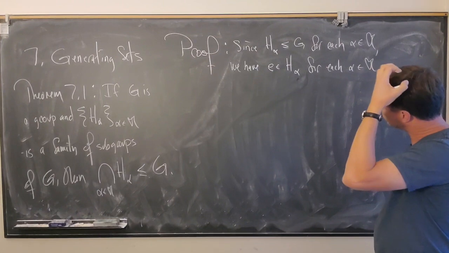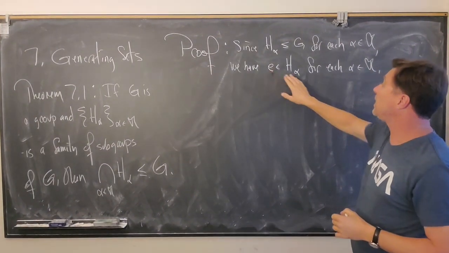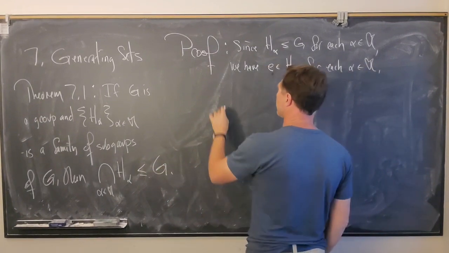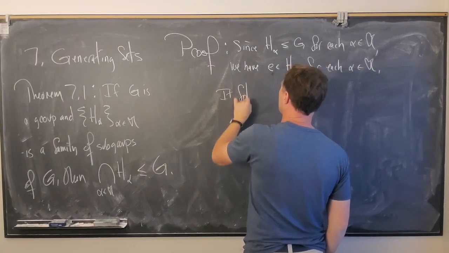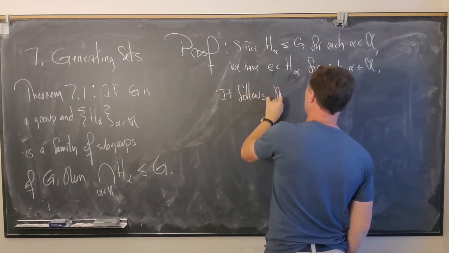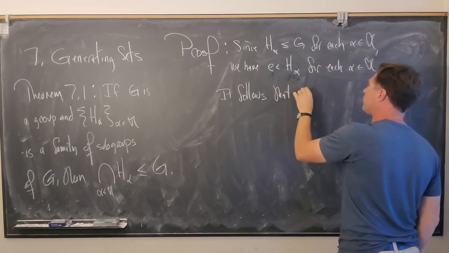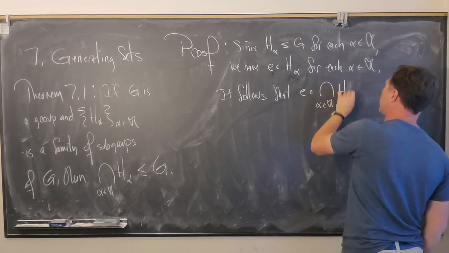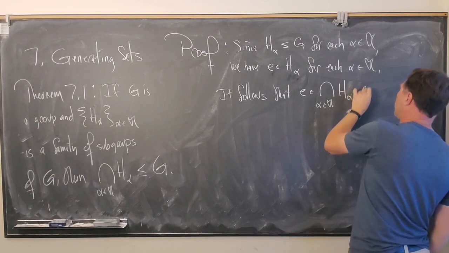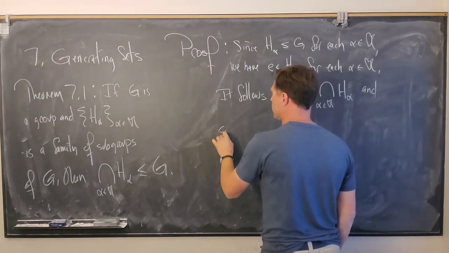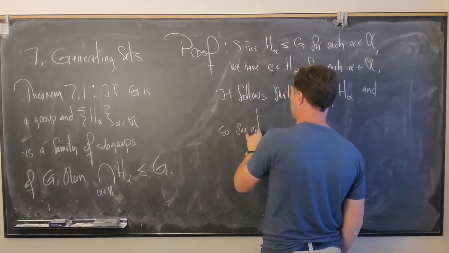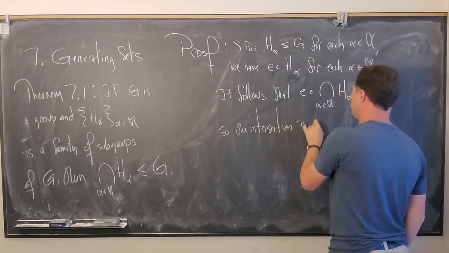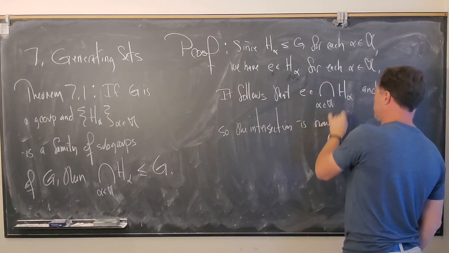Now, what does that tell us? Well, if e is in every one of these H sub alphas, that means that it lives in the intersection. So it follows that e is an element of the intersection over alpha in script A of H sub alpha, and so the intersection is non-empty.